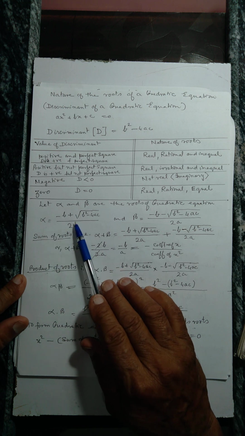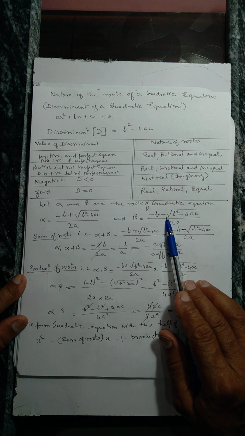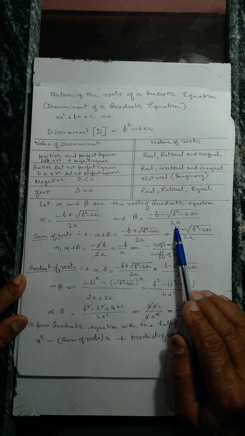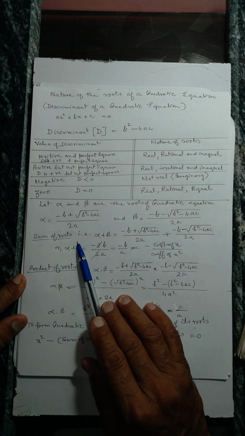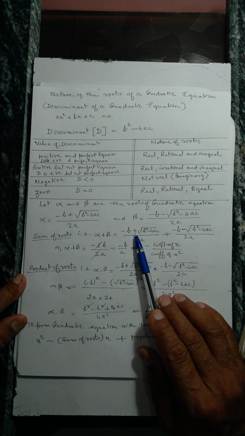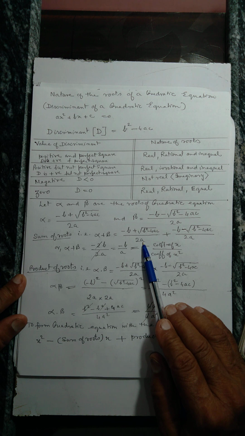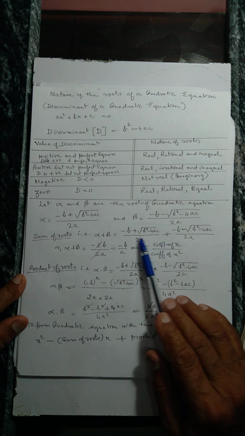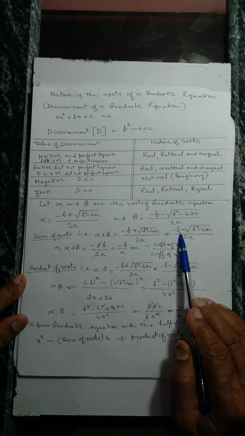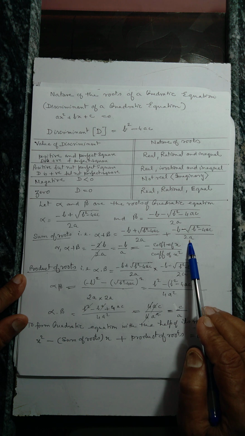For beta, minus b minus root b square minus 4ac upon 2a. Sum of the roots, that is alpha plus beta, is equal to minus b plus root b square minus 4ac upon 2a plus minus b minus root b square minus 4ac upon 2a.